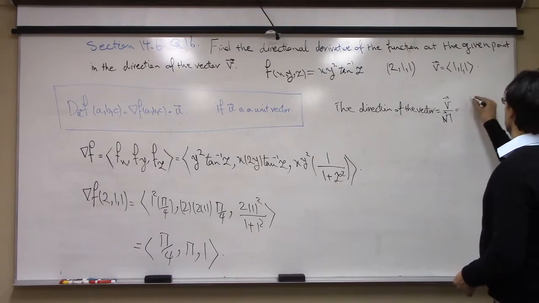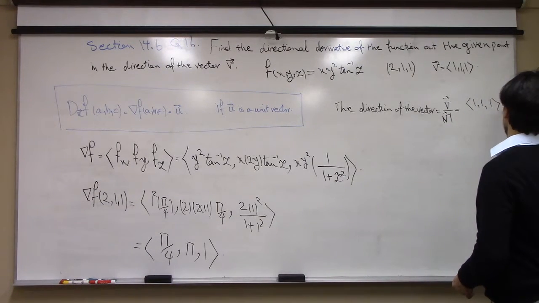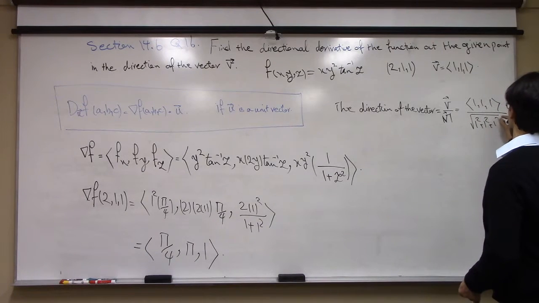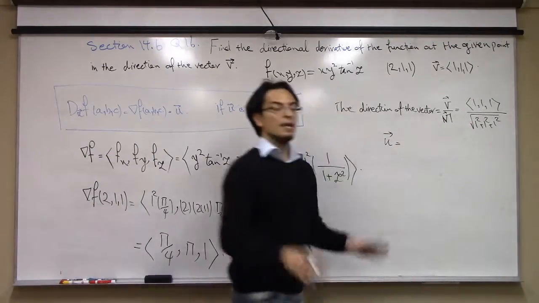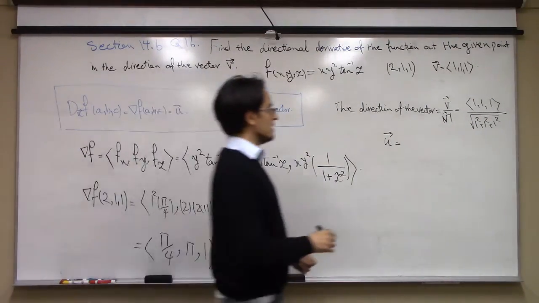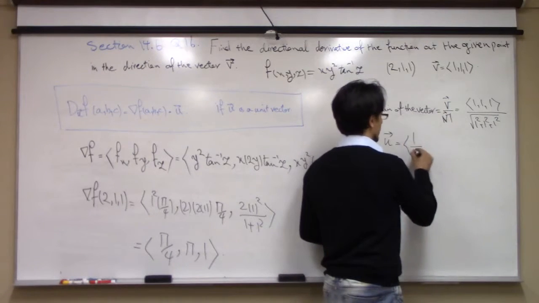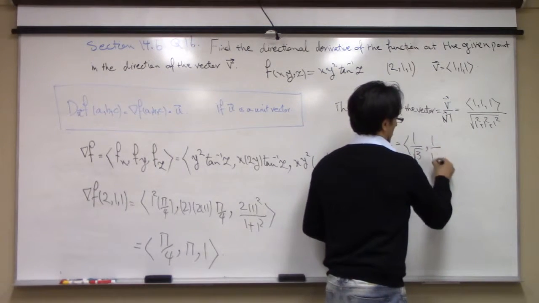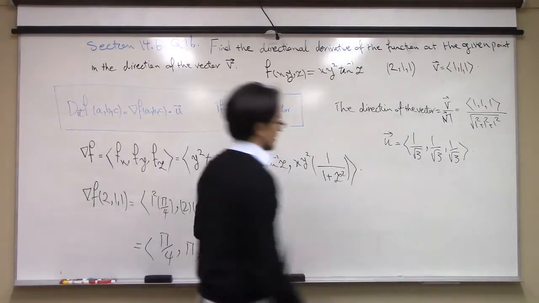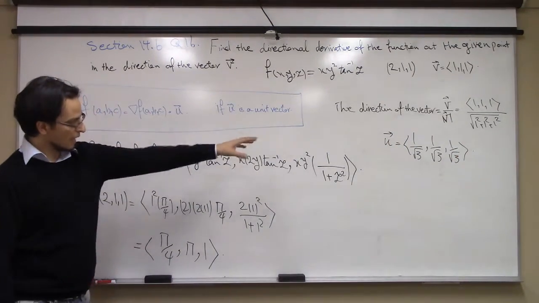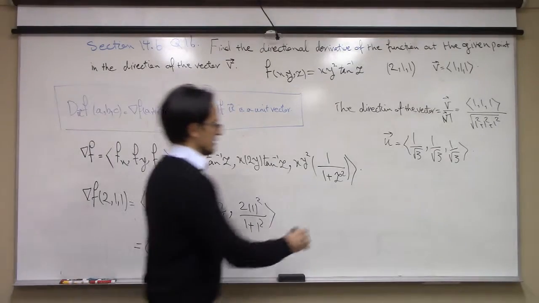In this case, the vector is 1, 1, 1, divided by its length, which is the square root of 1 squared plus 1 squared plus 1 squared. And that gives me a unit vector, which is the direction of v, and I can use it in the formula I had before for the directional derivative. That's the direction, that's my gradient now.